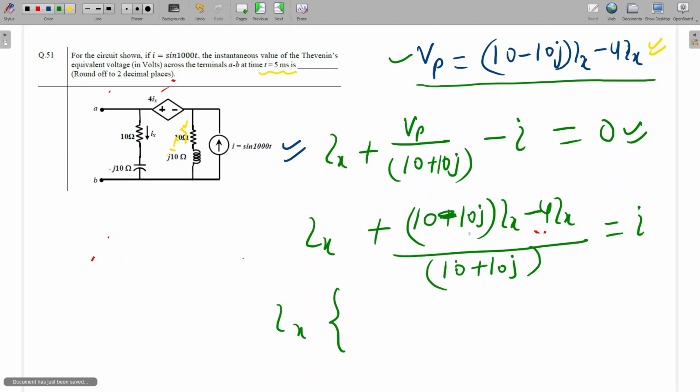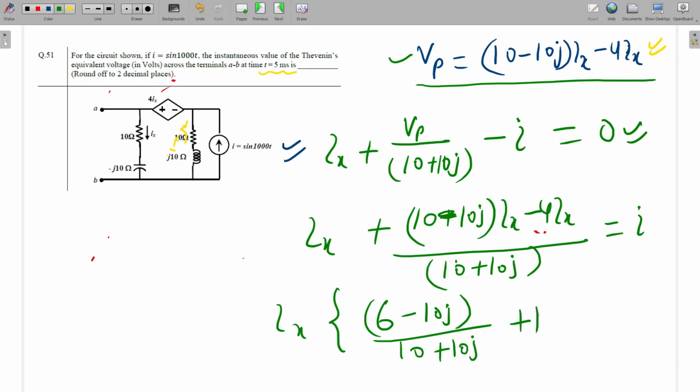So we can take common here: 6 minus 10j, divided by 10 plus 10j, and plus here it will be 1, should be equal to I. Up to now it is clear to all, from this to this. Is it clear?